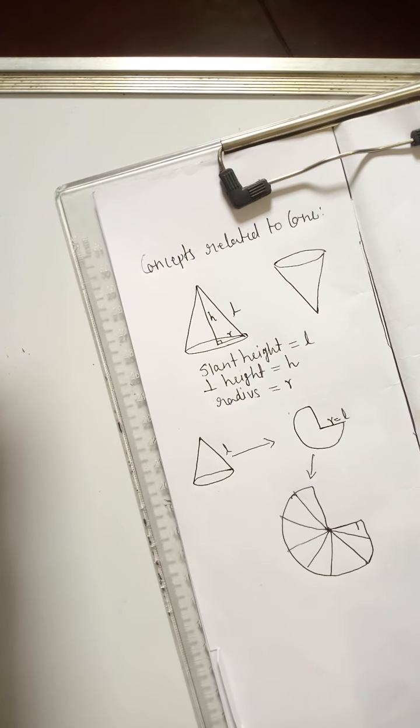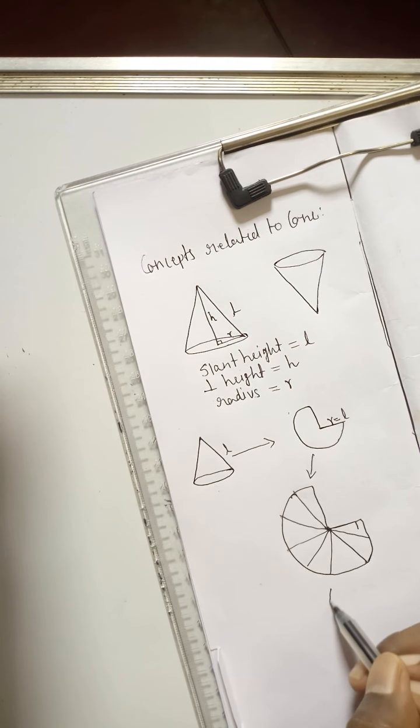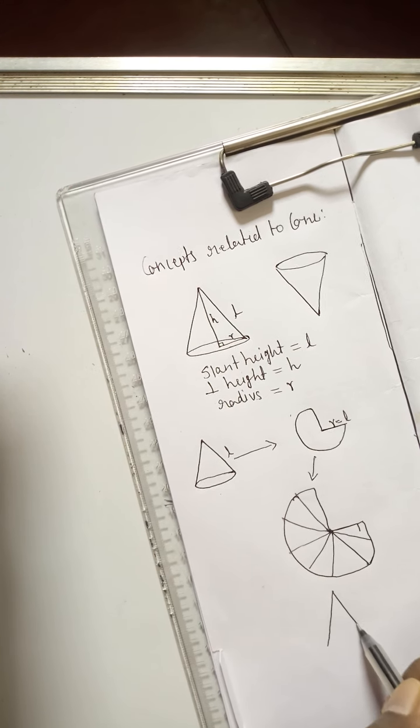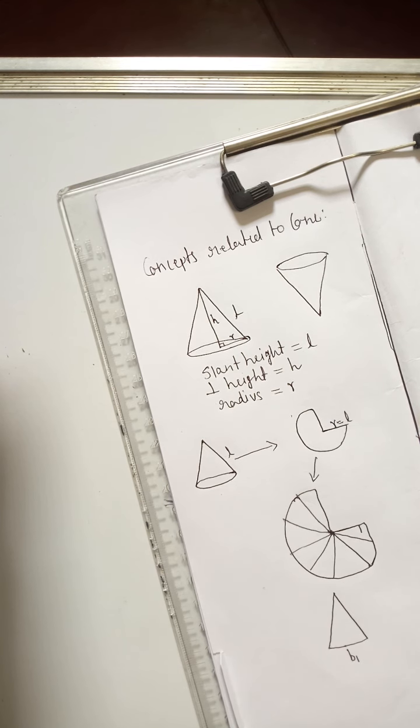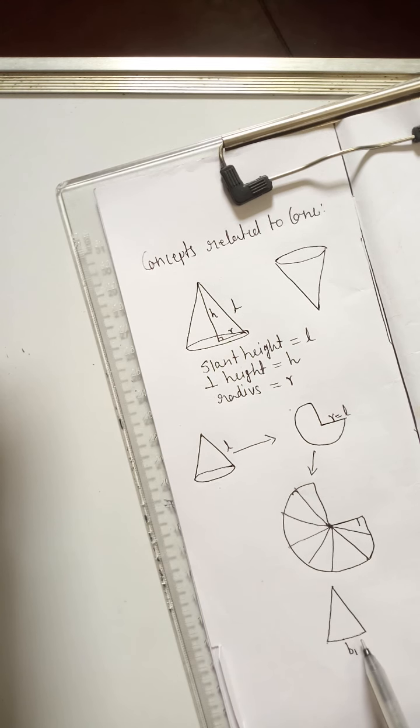If I take one part, I'm labeling this as P1, which can be taken as a triangle, where this was earlier curved, but in this case this can be assumed as a straight edge. I'm taking it as B1.